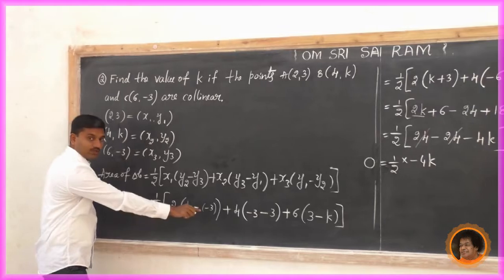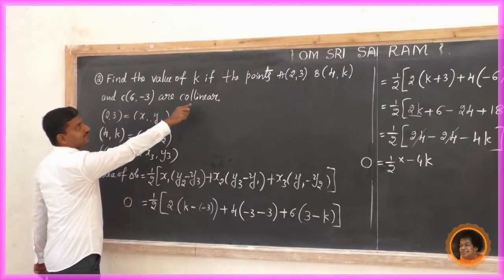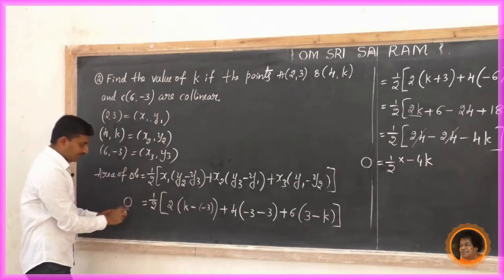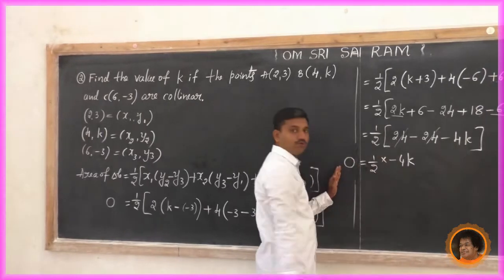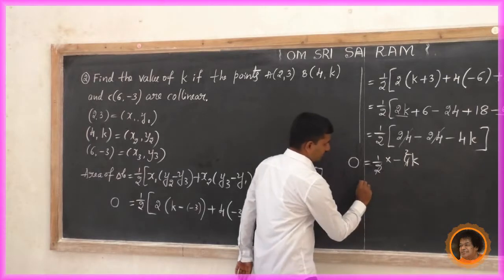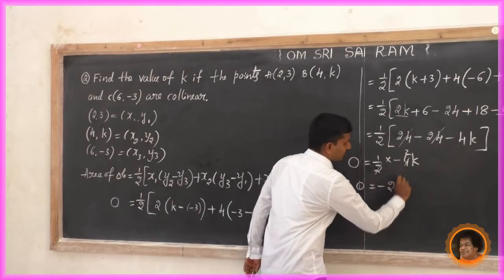So 0 equals half into minus 4k, or 2 ones are 2, 2 twos are 4, so 0 equals minus 2k.